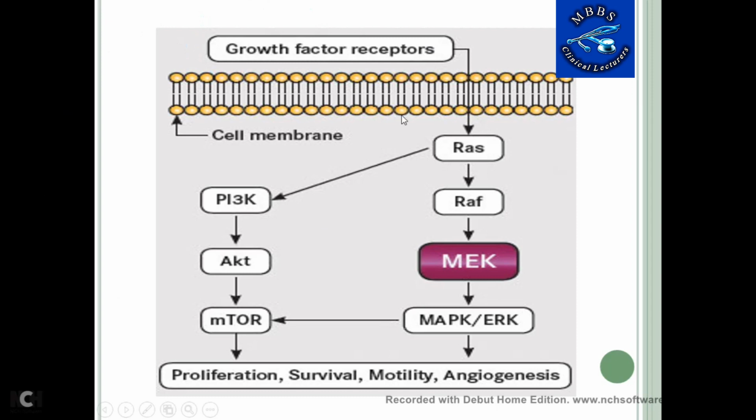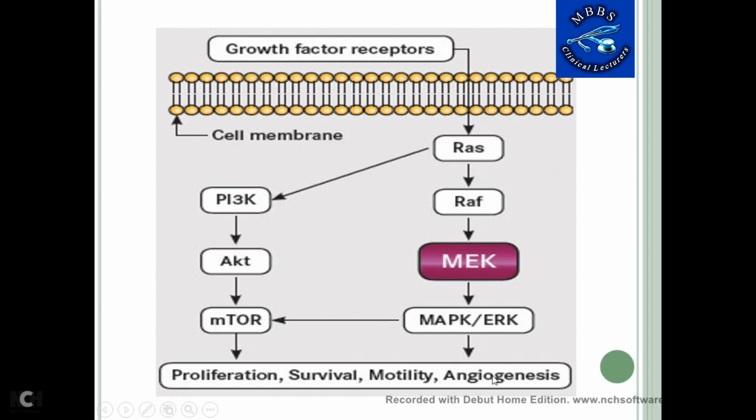So when you come to the growth factor receptors, which we know lie within the cell membrane area, the RAS proteins have a dual function via the PI3K-AKT pathway and via the RAF-MEK pathway.